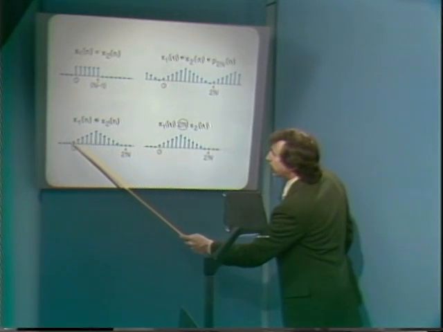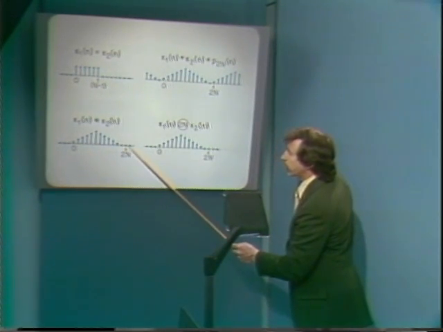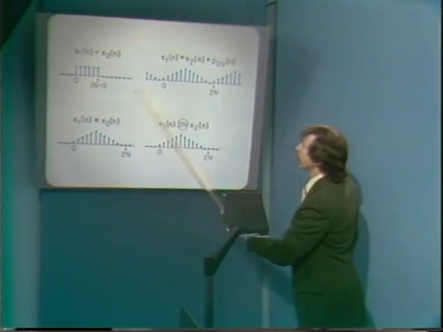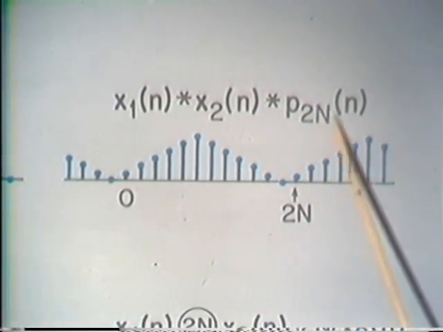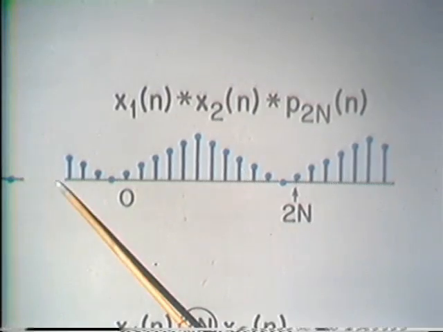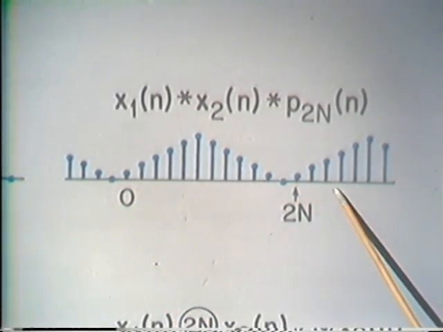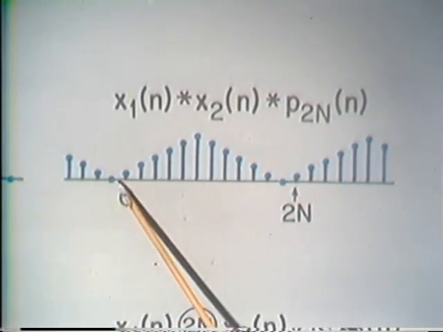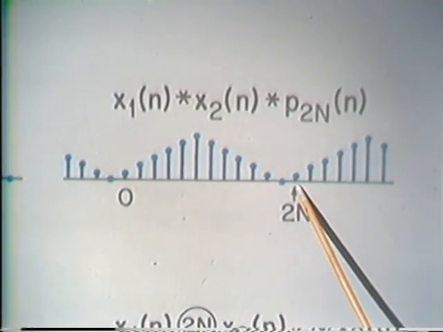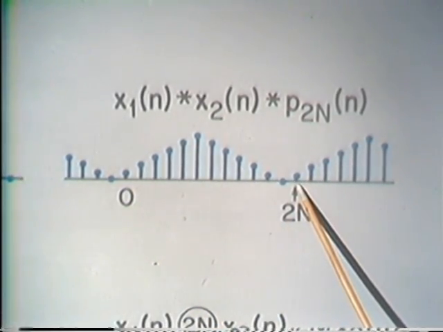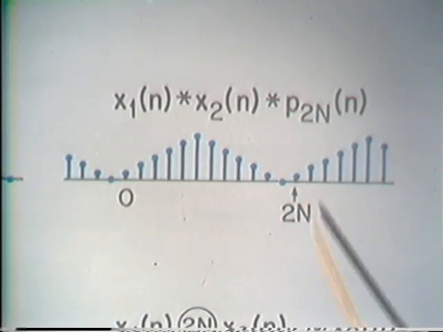If we do that, we end up with this triangular sequence added to itself starting here, finishing over there. In general, if we convolve it with this pulse train, the resulting periodic sequence has triangular periods, with a period now not of capital N, as we had in the previous example, but of 2 capital N.